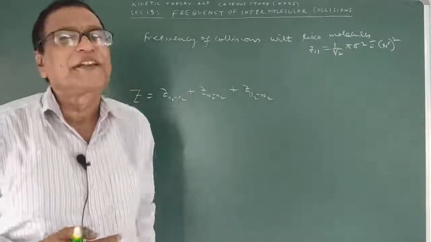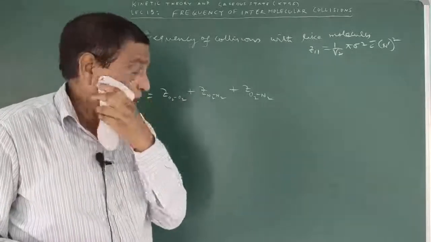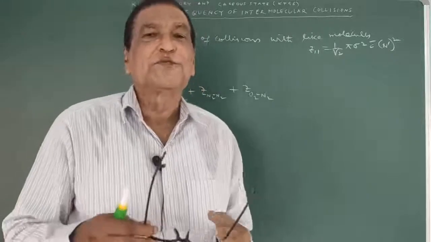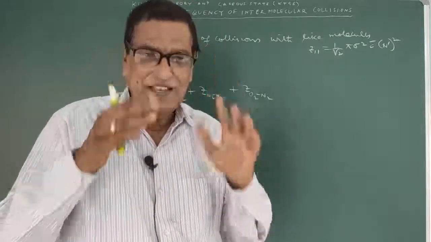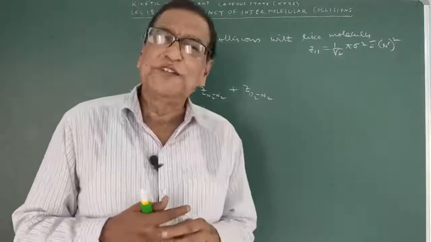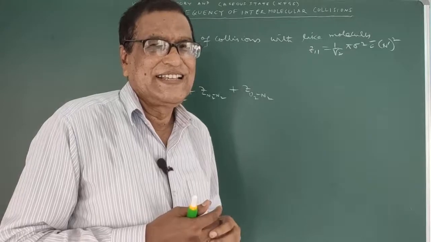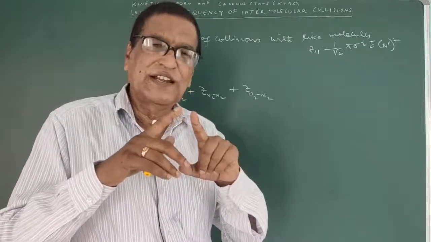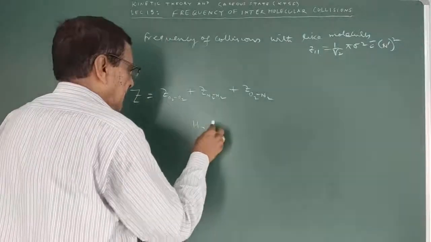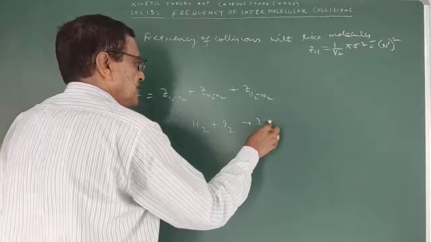It is very important in chemical kinetics. Suppose one iodine molecule is colliding with a hydrogen molecule to form HI, hydrogen iodide, in the collision theory of chemical reactions: hydrogen and iodine give twice HI.